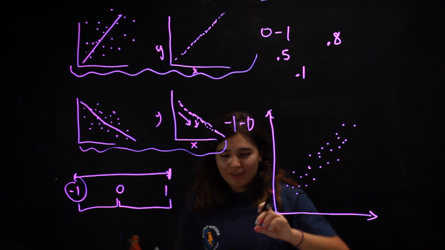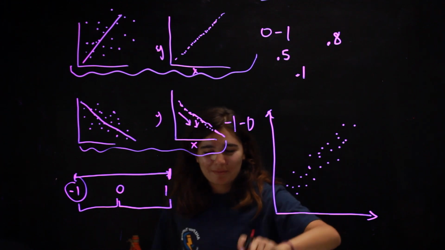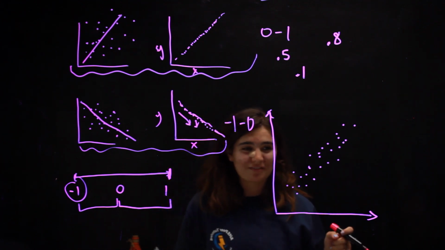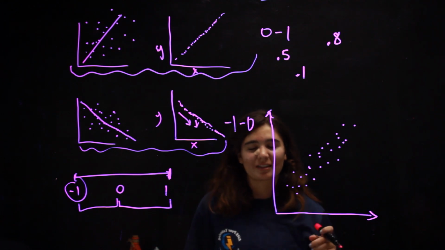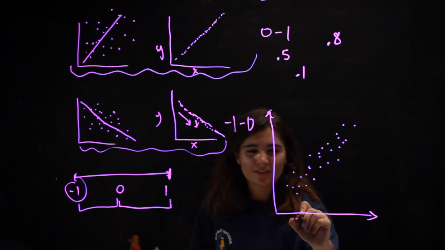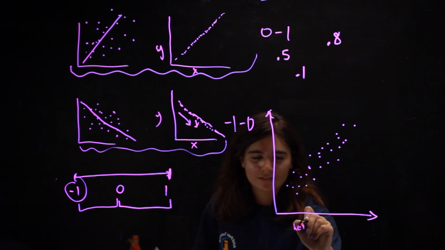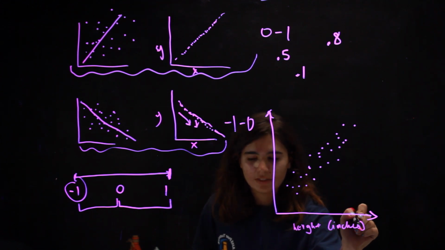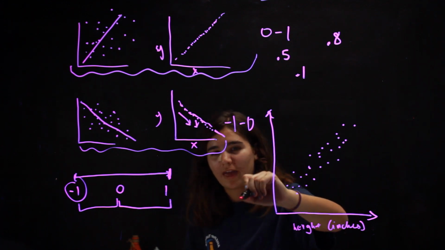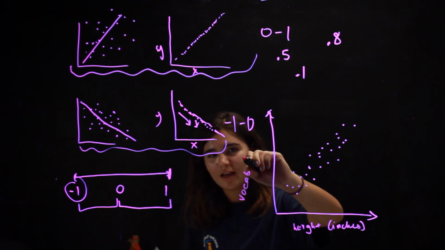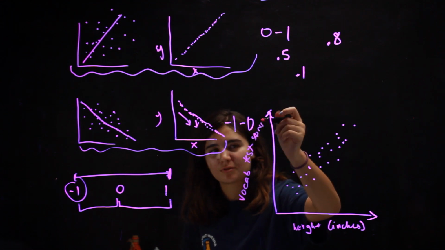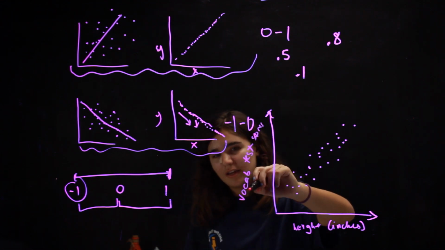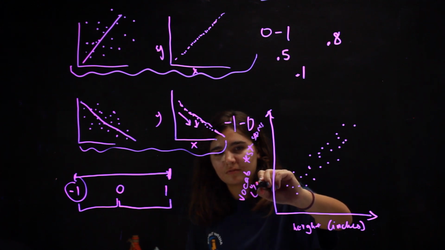Okay, I'm going to draw a graph that was in your textbook, and I don't know why, it took me a second, but I found it hilarious. So this is height in inches, and this is vocabulary test scores, in percentage.